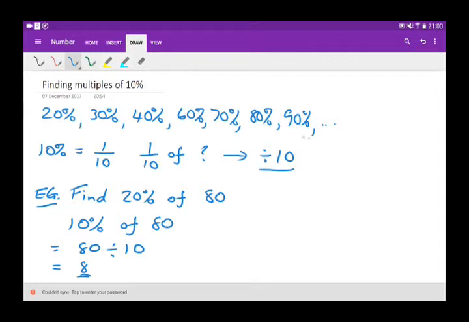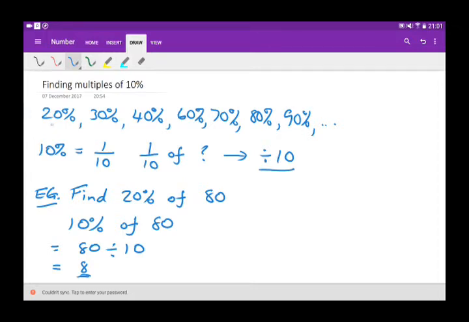There are, of course, other ways of working these out, but that's the same method for working out all these multiples of 10. For example, we could work out 90% by just finding 10% and taking it away from the original amount, because the original amount is equal to 100%, and 100% take away 10% will give us our 90%.